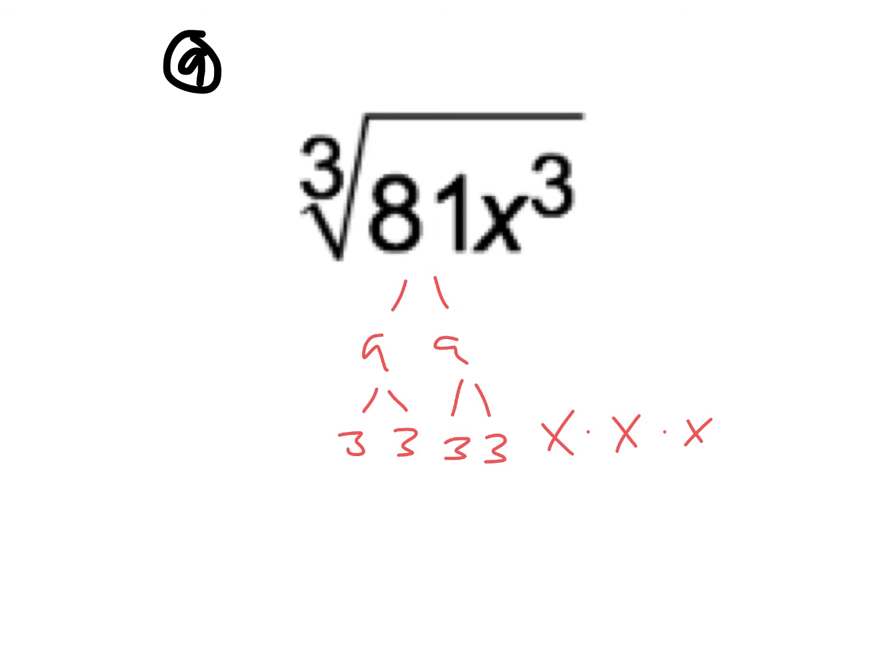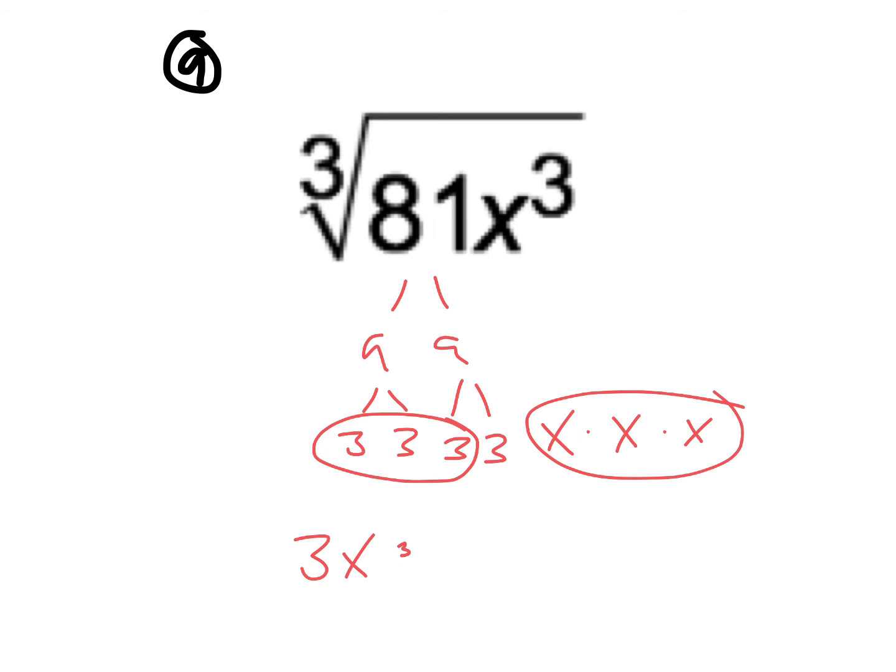We're circling groups of how many? Groups of 3. So what comes to the outside? 3x, and what stays on the inside? Just that 3. Then we have to put our index in our answer also.